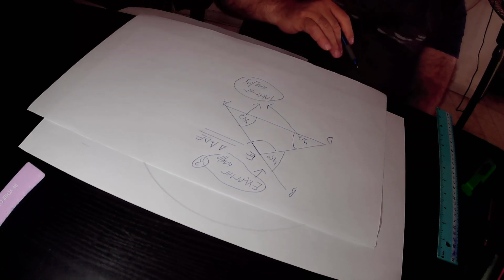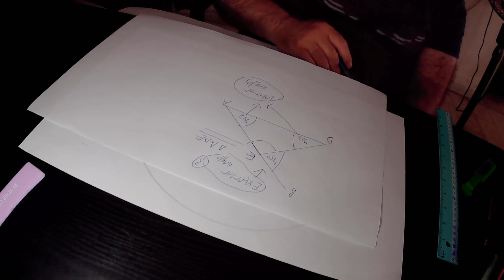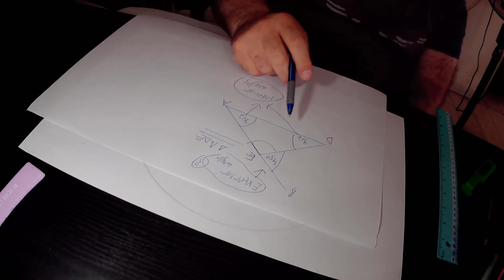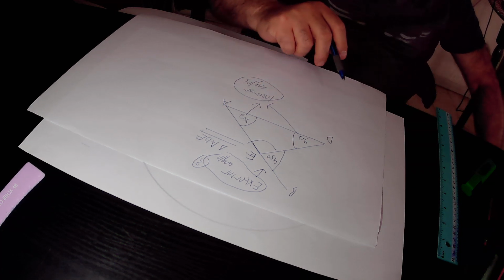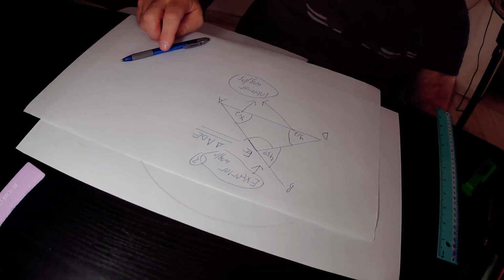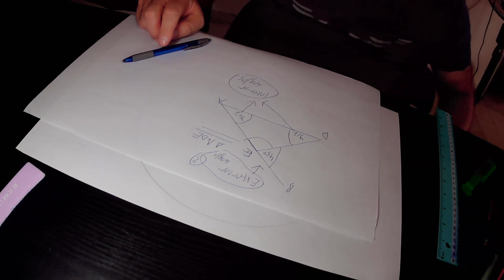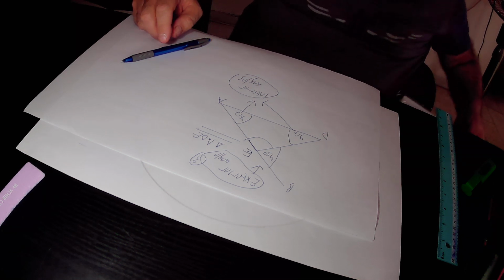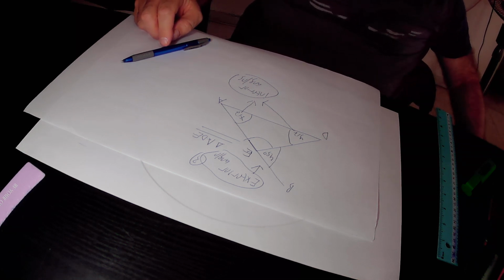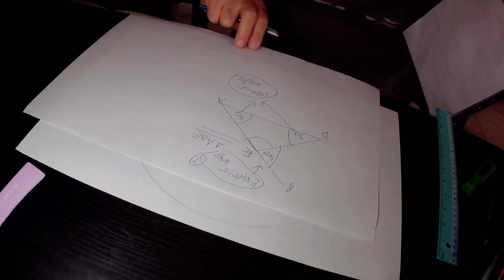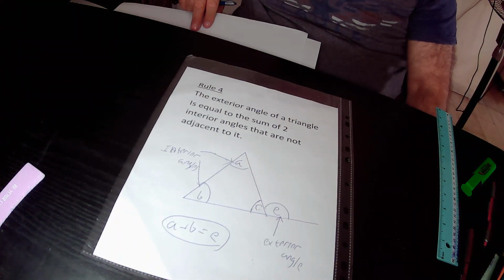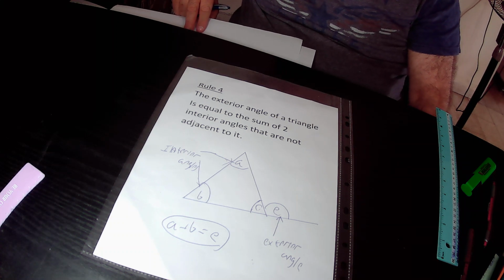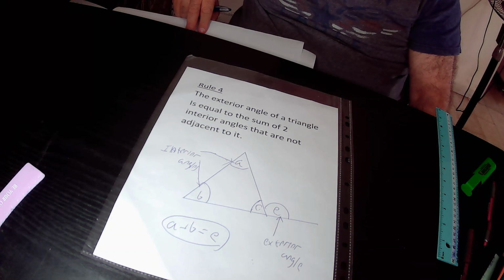So now we can implement rule 4 in our drawing. I will present to you rule 4, so we'll click quickly on rule 4. According to rule 4, the exterior angle of a triangle is equal to the sum of the two interior angles that are not adjacent to it.